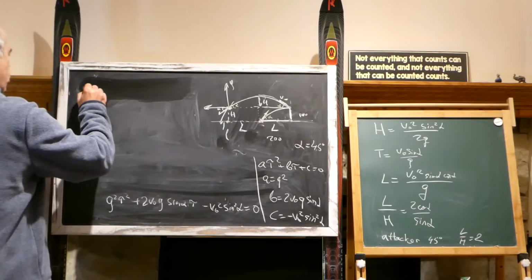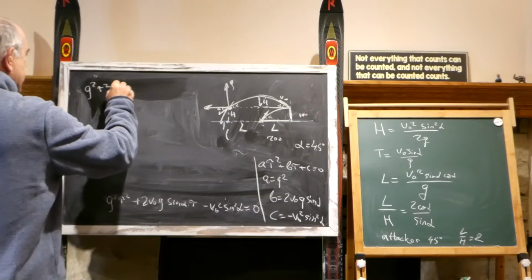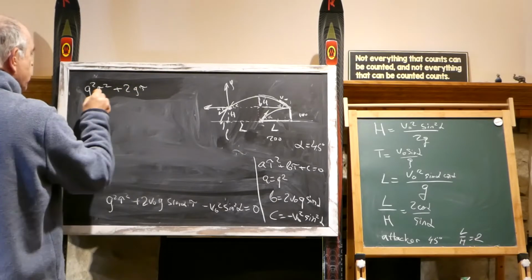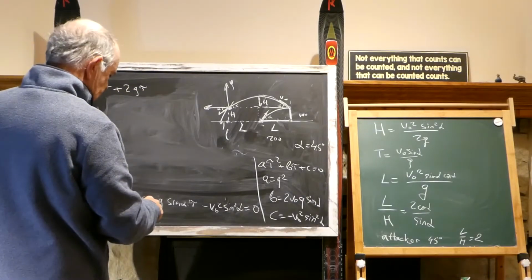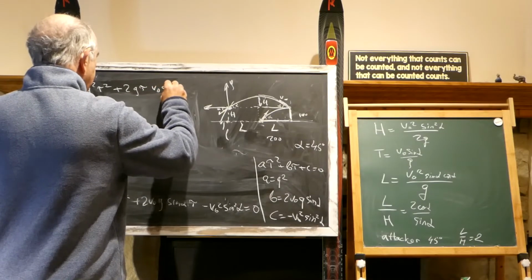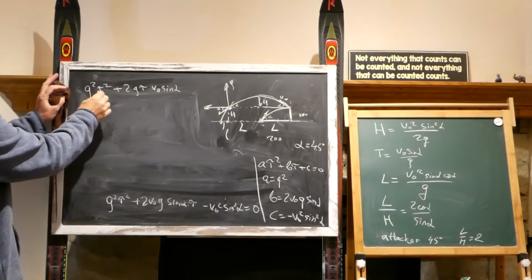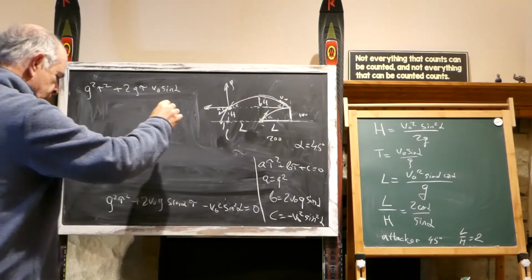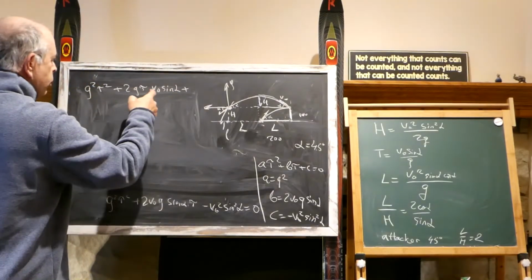So look what I do. I say g squared tau squared as this, plus 2, and then I put g tau in front. So I have 2a, and then I type the rest. So I have v0 sine alpha. And this is a squared plus 2ab. So I have to put plus b squared, and b squared would be this.